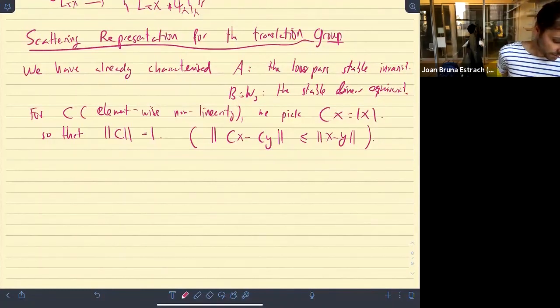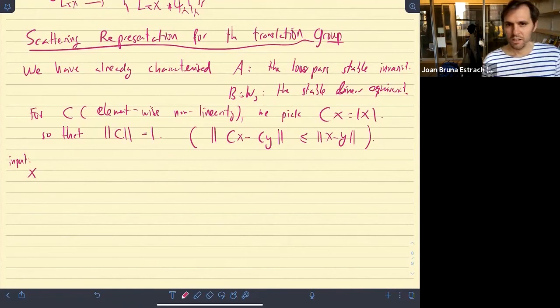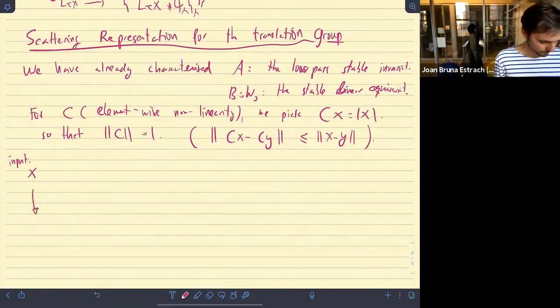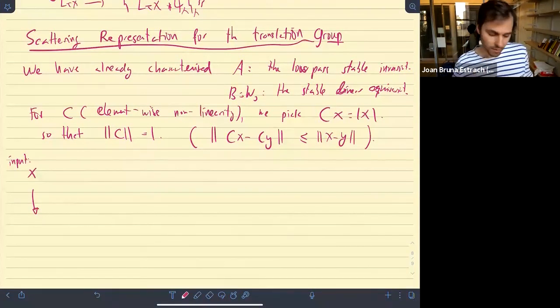So now we have everything, right? We have A, B, and C. So how do we construct the invariants? We start from X, that is our input. The first thing that we can do is extract the first set of good coefficients, information that is stable and nearly invariant.